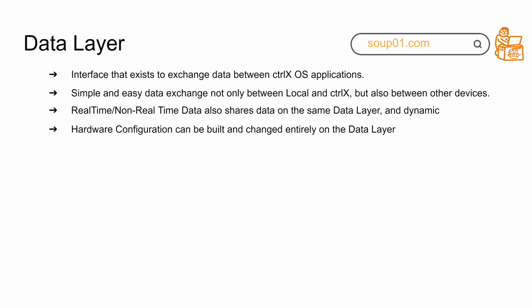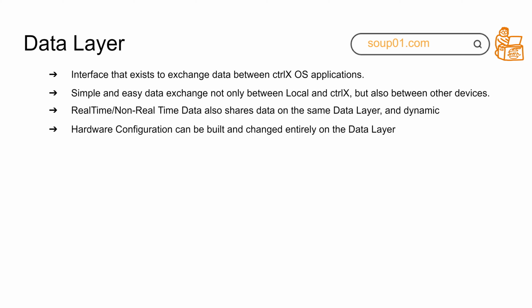Okay, then I'll explain a very important concept in ctrlX. It's called the data layer. Data layer is the interface to exchange data between ctrlX OS applications. Simple and easy data exchange, and not only locally, inside the ctrlX, but also with other ctrlX and other devices.